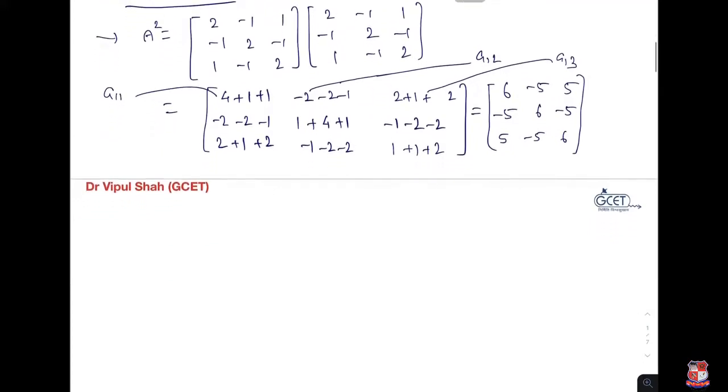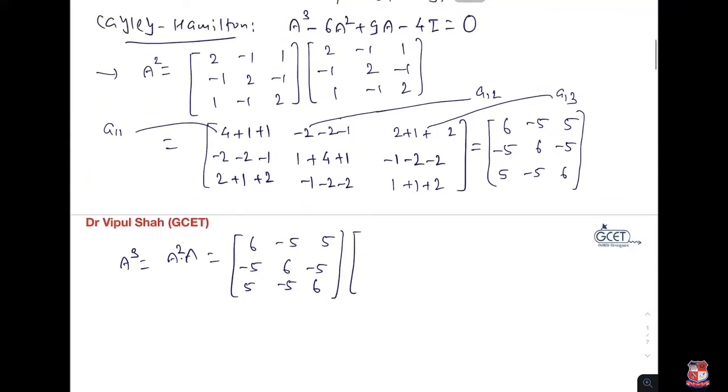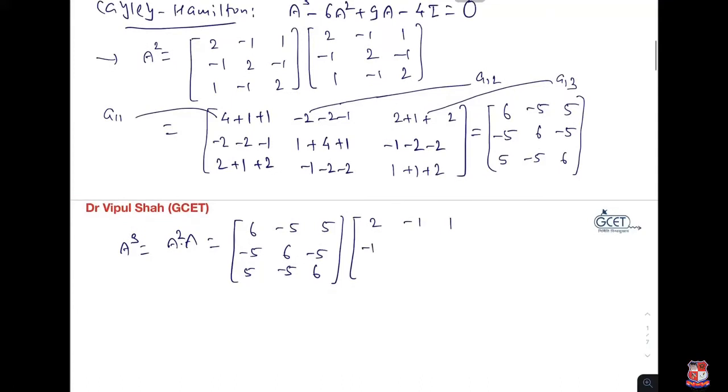Let us find A cubed. The same way we find A cubed. So A cubed is A squared into A, so [6, -5, 5], [-5, 6, -5], [5, -5, 6]. This is A squared. And now A: [2, -1, 1], [-1, 2, -1], [1, -1, 2].